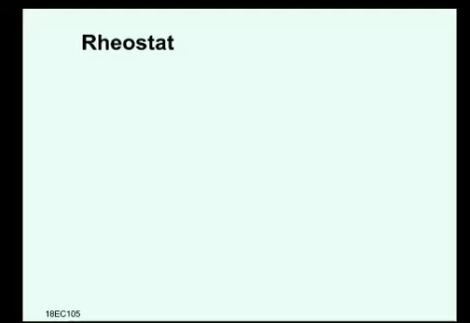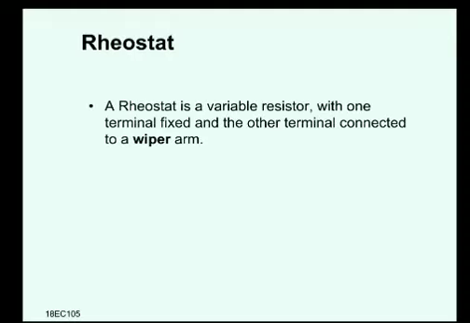Let us see what a rheostat is. The rheostat is a variable resistor with one terminal fixed and the other terminal connected to a wiper arm. So this wiper will be moving along the length of the taper.